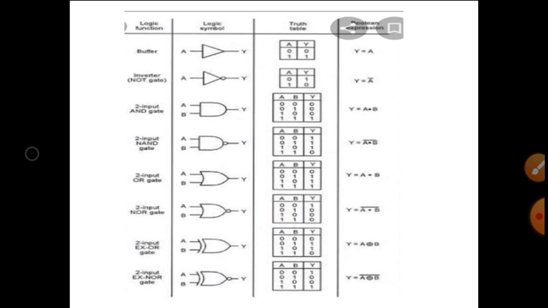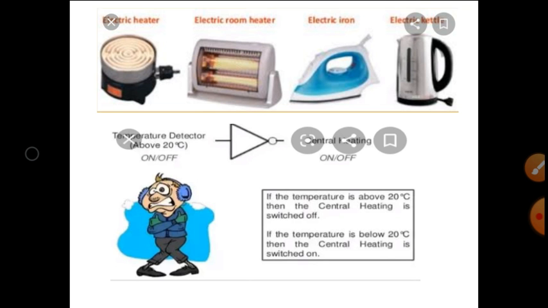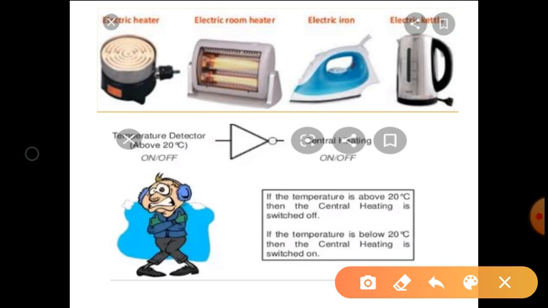Now we'll see where we use these logic gates. These are used in heating applications, which you all might have used. In heating applications, automatic power off should be there. To make that heating element switch off automatically, we use one type of gate, called the NOT gate.